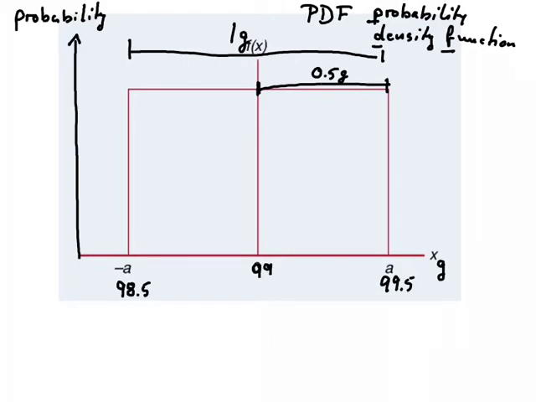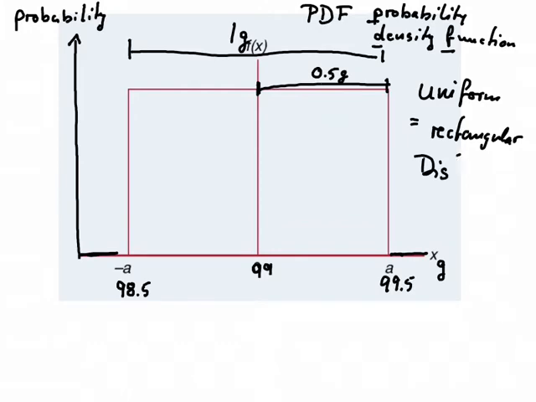We know that if the balance is reasonably well adjusted, there is a probability of 0 that the banana is lighter than 98.5 grams or heavier than 99.5 grams, but anything in between, any value has the same probability, and that is what is called a uniform or rectangular distribution.